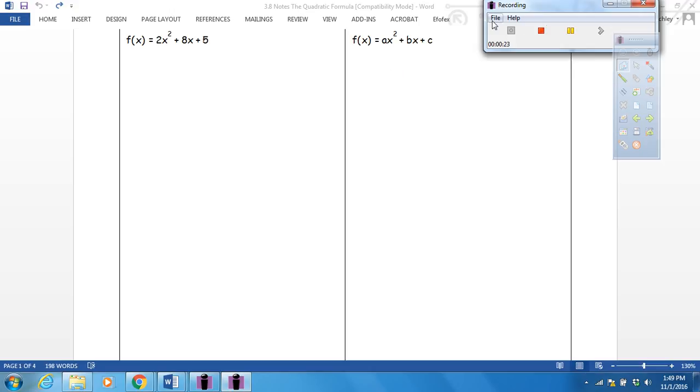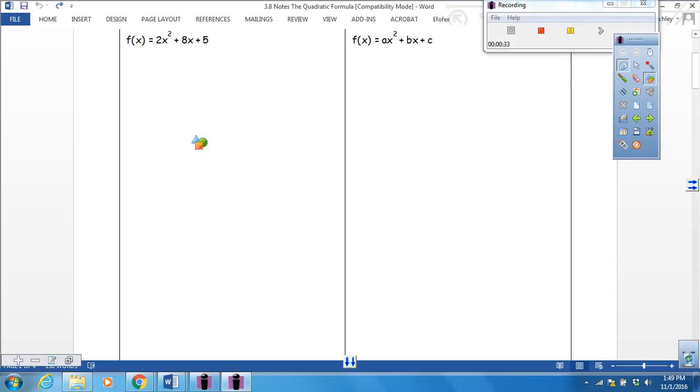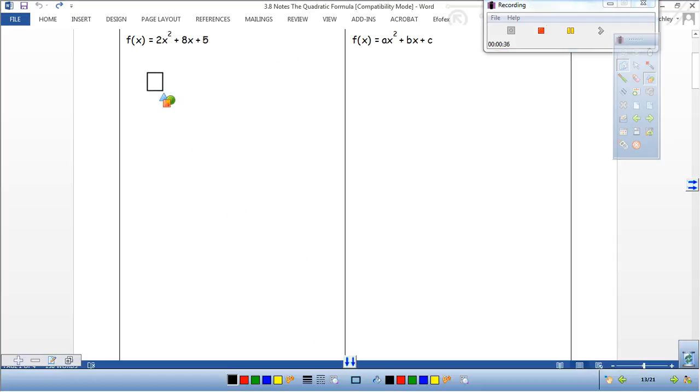Okay, so the first thing when we are completing the square, remember when we started completing the square, we made our little quilt pieces. I have 2x squared, which means I need 2 of my little squares, right? A box here, and then a box here. Does that make sense?